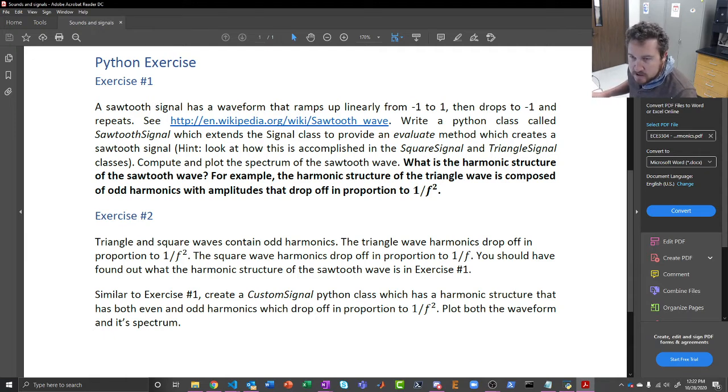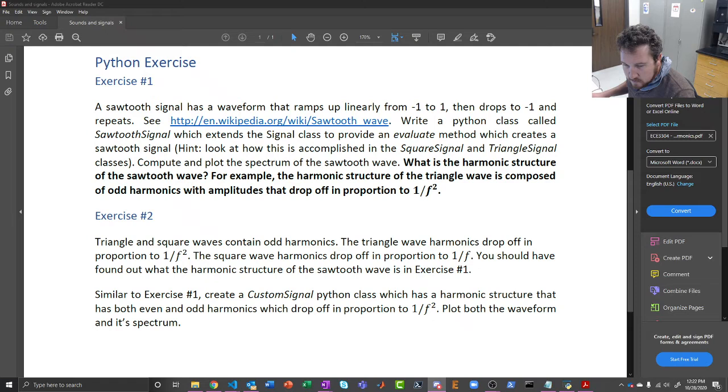Are there any questions about these two exercises? Hunter asks, are any of the extensions of the DSP file that we're going to use going to be used in the future? Yeah, I would say so, probably. And then Edward asks, when we say harmonic structure, is that equivalent to spectrum structure for non-musical analysis? Yeah, probably.